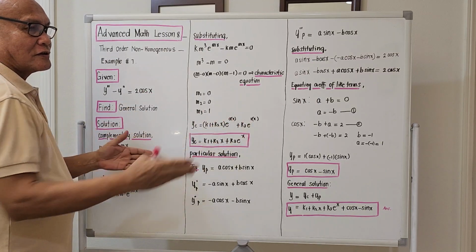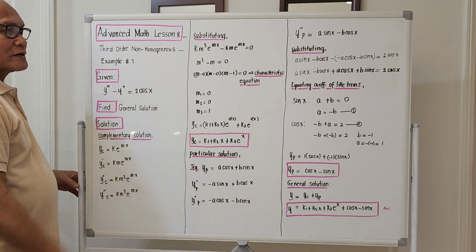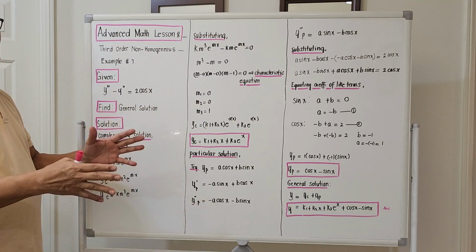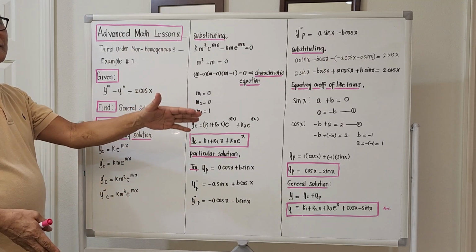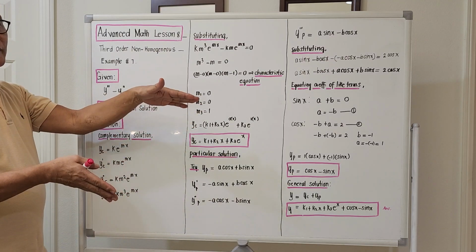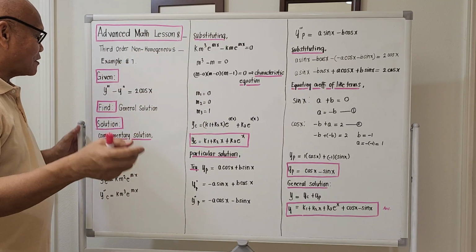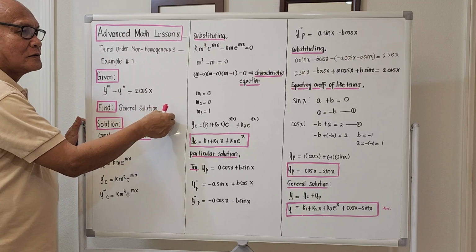The right hand side is not equal to 0, and for the meantime it is twice cosine of x. It's another variation. As you notice, I'm giving examples in which the right hand side are actually different from the others. The problem is asking for the general solution.